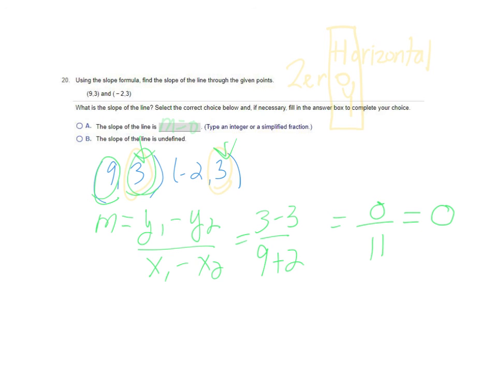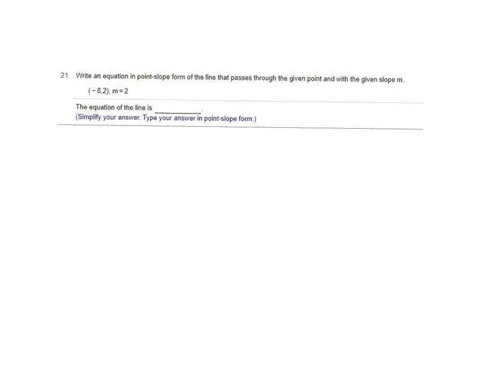All right, if we look at the next one here, write the equation of the line in point slope form, and it gives us a point and it gives us a slope. So we need to know that point slope form is y minus y1 equals m times x minus x1.